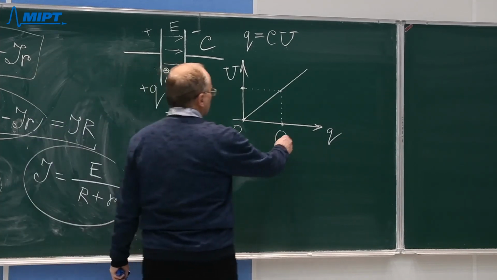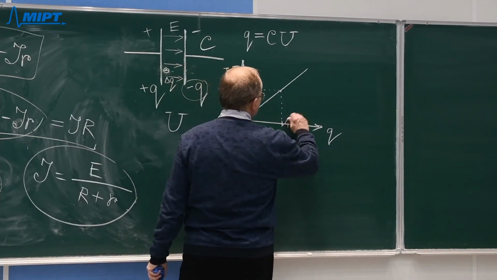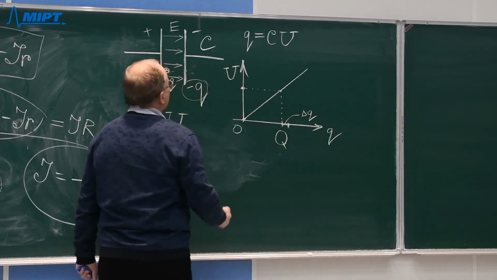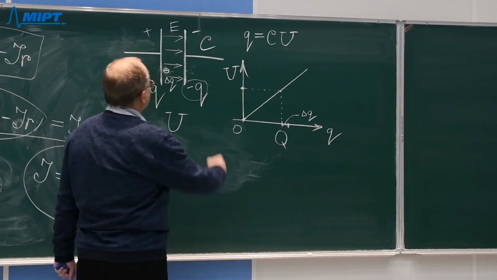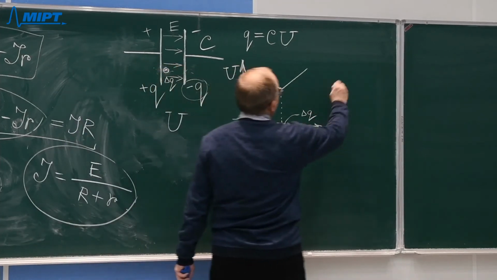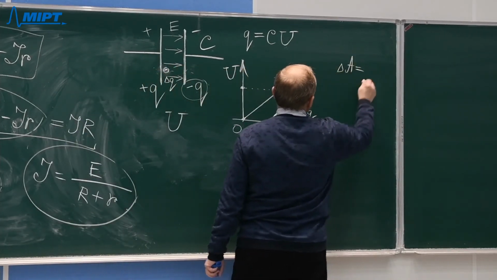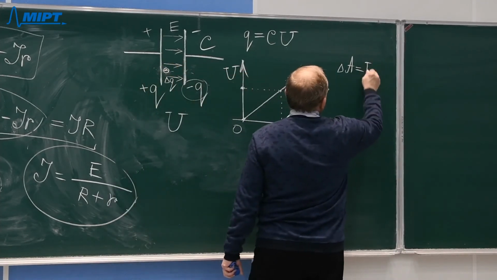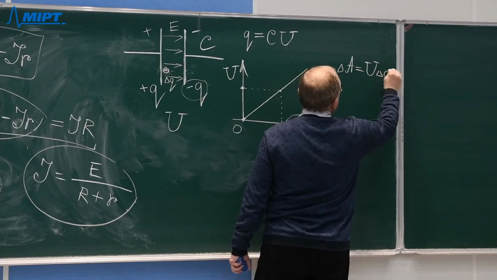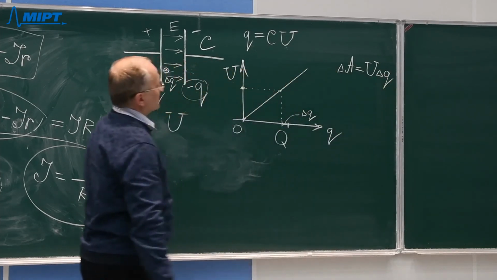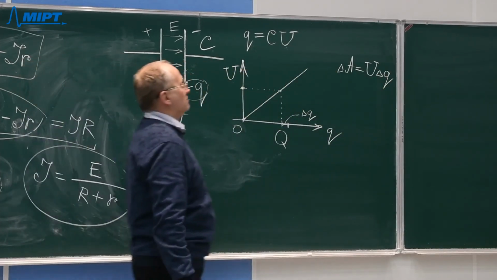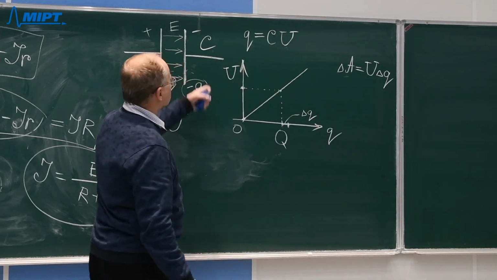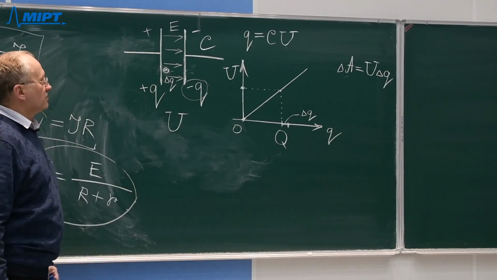So if we increase the charge of the capacitor by some small amount delta Q, the work produced against the forces of the field will be, by definition, a potential difference times delta Q. This is the definition of potential difference. Potential difference is defined through the work produced when a small charge delta Q is moved in the electric field.